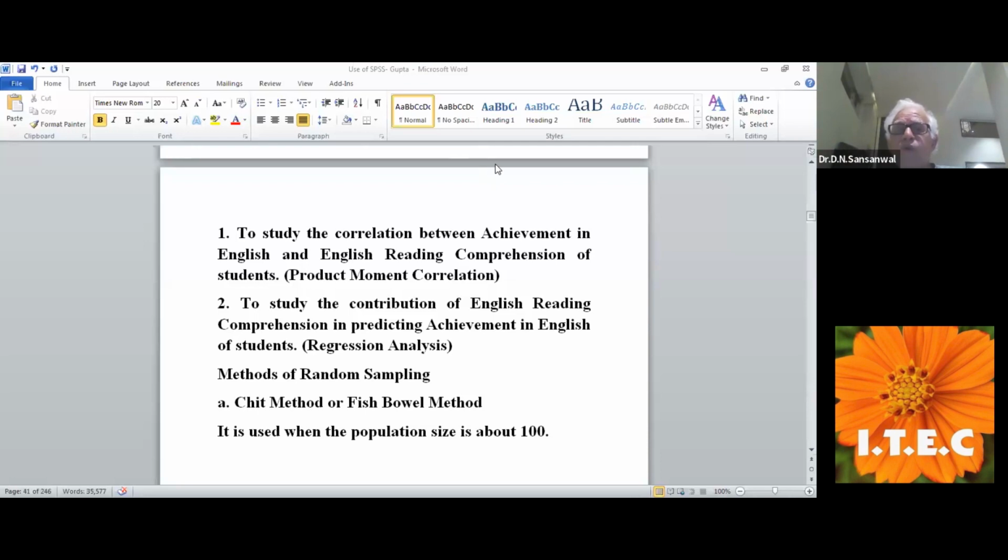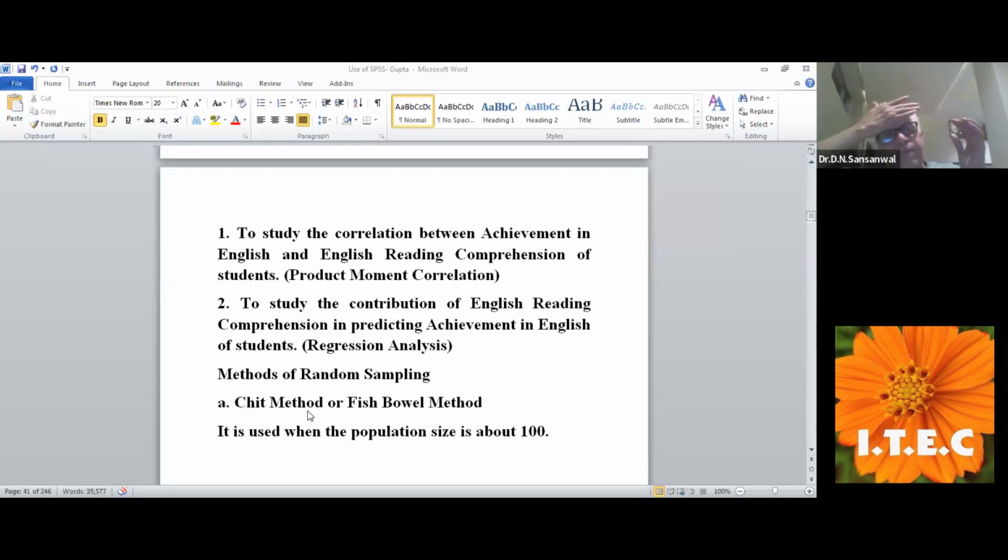So that means if you want to select the states, then it is always advisable to use the chit method. You can have the 28 chits of the same size, of the same color, of the same shape, and you will write the name of the state, or you can make a list of the states and then you can write the serial number.